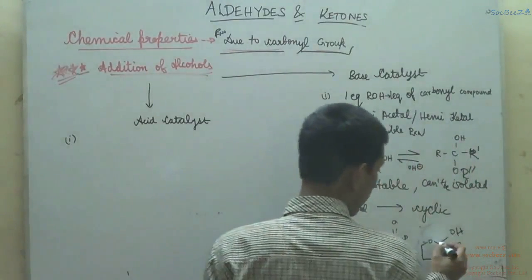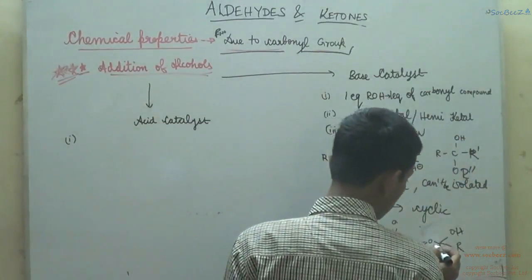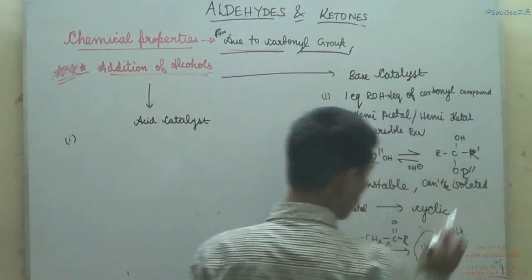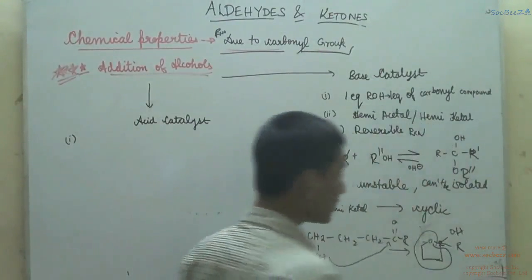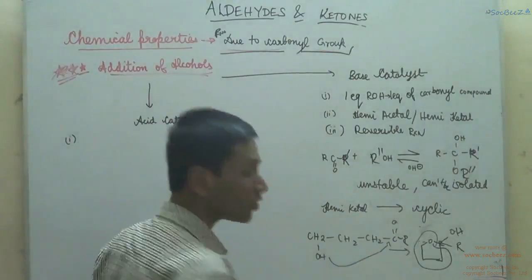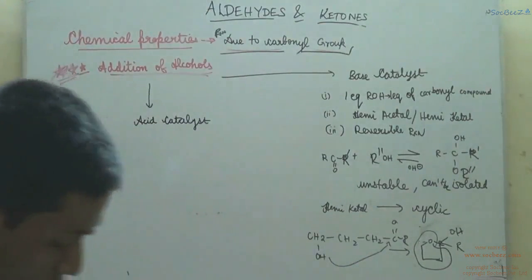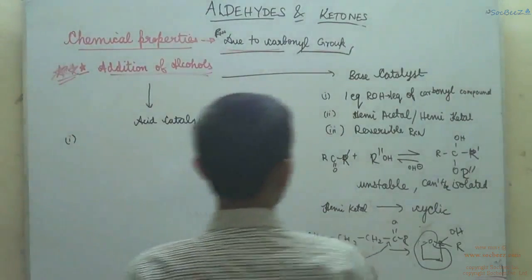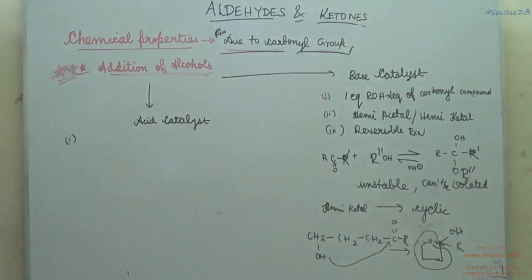So OH and O, the OR double prime group, are attached to the same carbon atom, and you form a hemi. Here it's a ketone, so hemiketal. Okay, so that was about this. They are unstable and cannot be isolated.